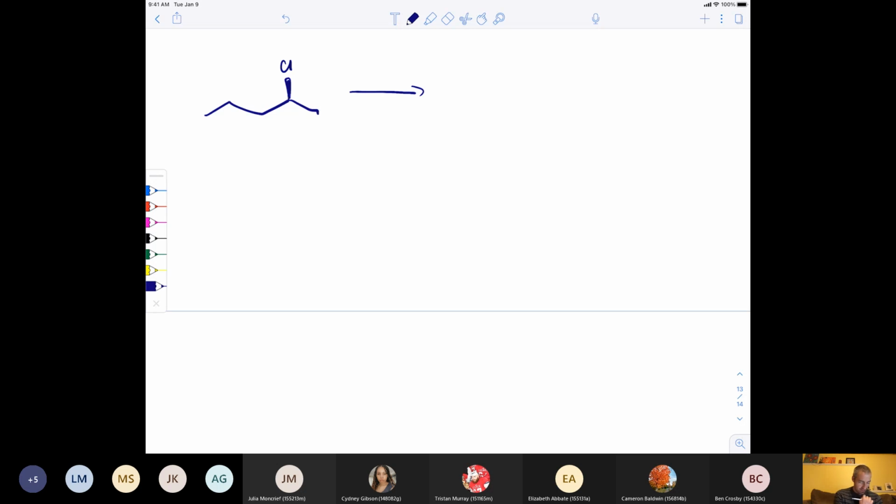Okay. Let's pick up a random set of conditions here. Let's go with NaBr. And this is going to do an SN2. What's a good solvent to pick? That'd be a good question. Just give you something like this.